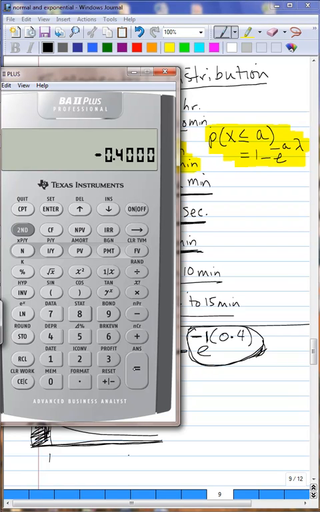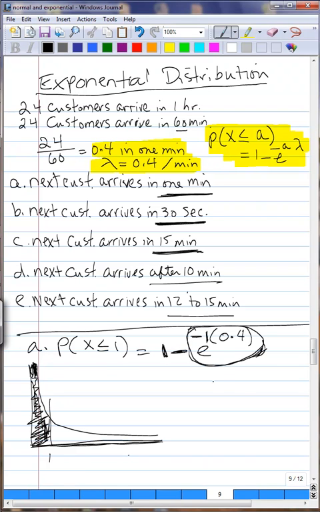That's what it equals. Then I want to take e and raise it to the power of this number. So I'm going to press the second function and push the natural log button, ln. So what you see on the display, 0.6703, is this e term.